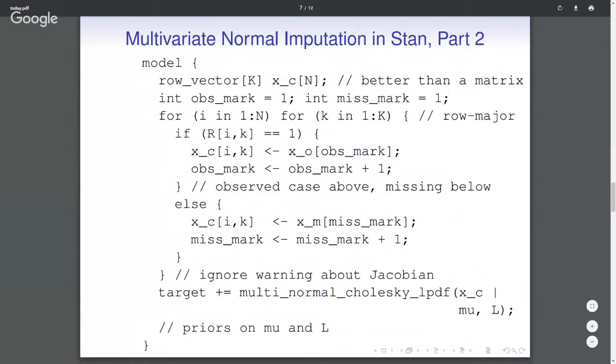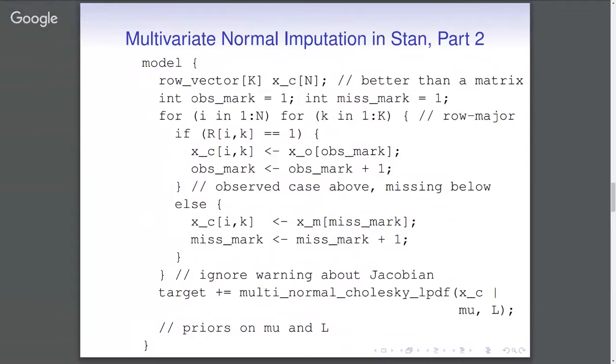We're going to create observed mark and missing mark. We're going to initialize those to 1. We're going to loop over the observations. We're going to loop over the variables. And inside the loop, we're just going to stitch together X_C, either taking from X_O if the thing is observed, or taking from X_M if the thing is originally missing.